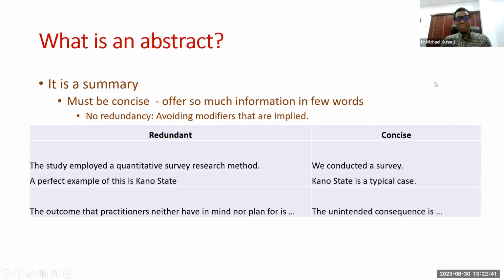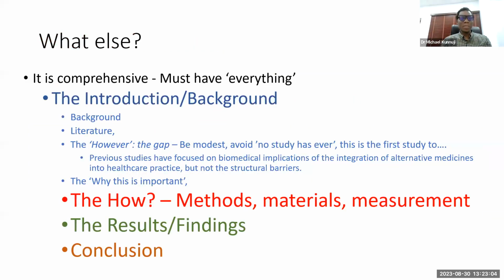So these are some of the examples of redundancy that easily come to mind. So when writing an abstract, keep in mind that you don't want to use any word that is not necessary. Every word you use in your abstract should be necessary.